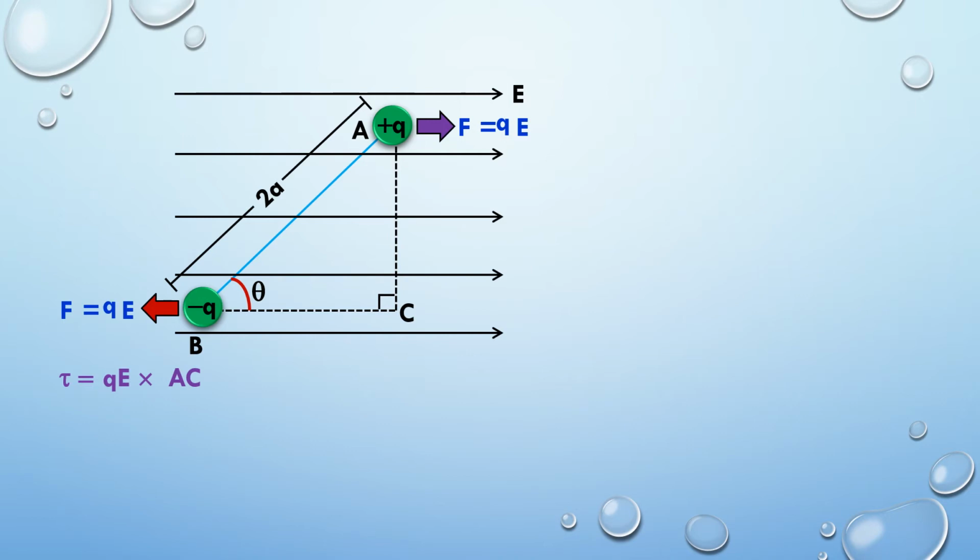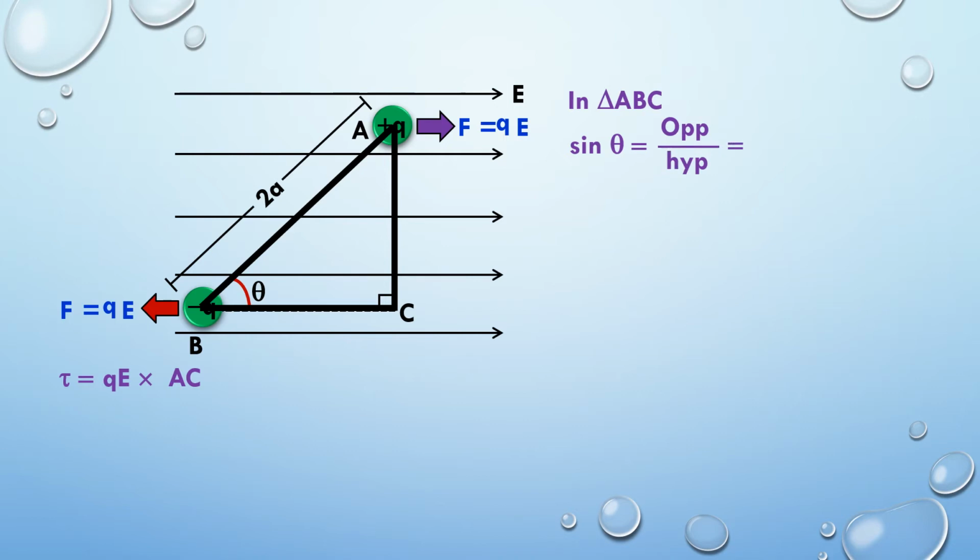The term AC over here remains an unknown term because we have assumed the perpendicular bisectors over there. Hence, in triangle ABC, if I consider this to be a right angle triangle and I take the sine function, I should get sine theta is equal to opposite upon hypotenuse. So I get opposite is AC and hypotenuse is AB.